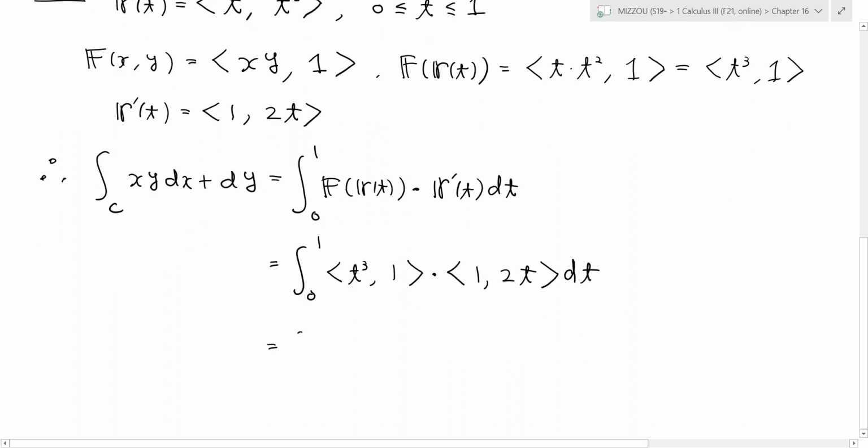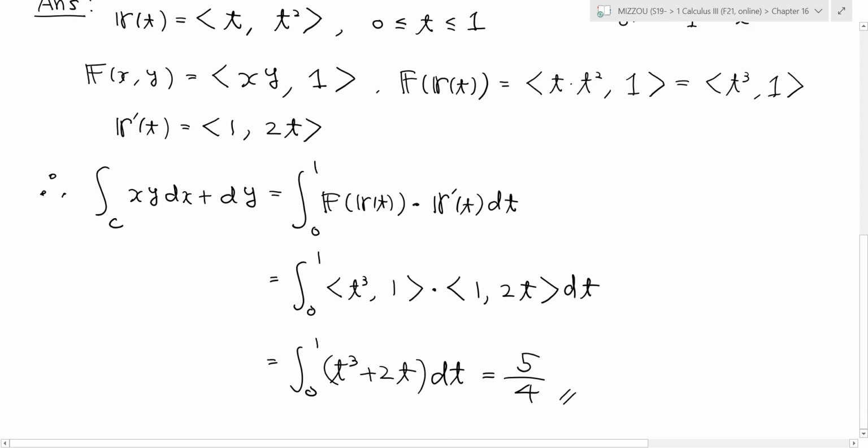This is equal to the integral from 0 to 1 of t cubed plus 2t dt. So once you get to this, it's just an integration with one variable t, and you can calculate this as 5/4. So that's it. Let me just wrap up the key point.